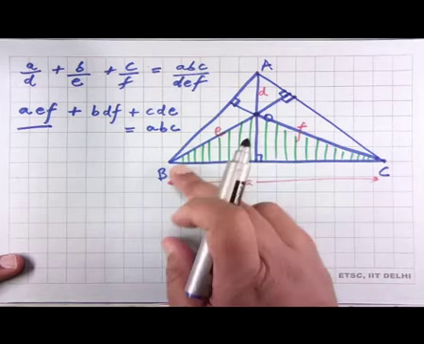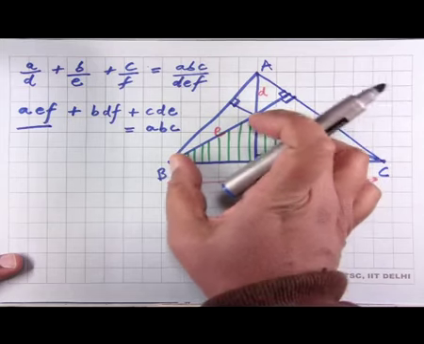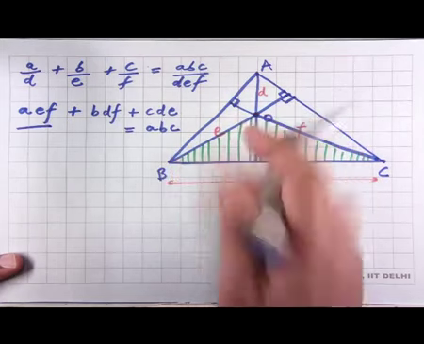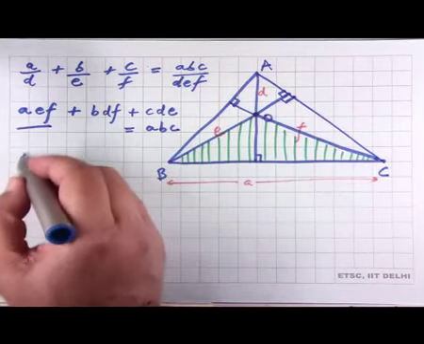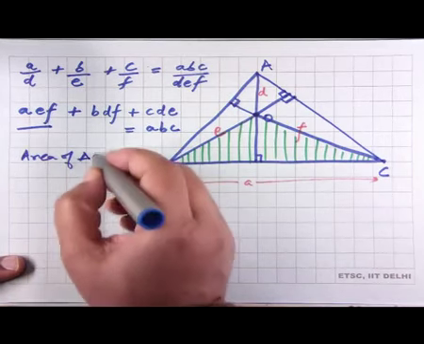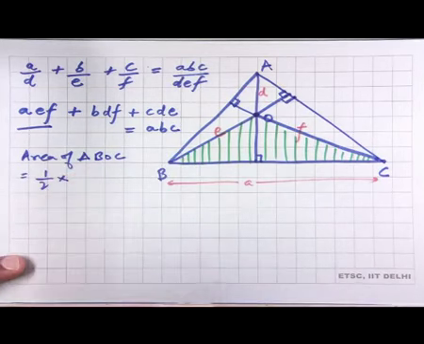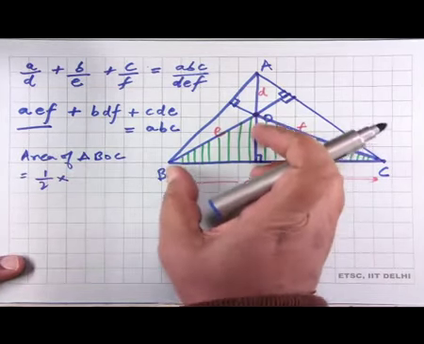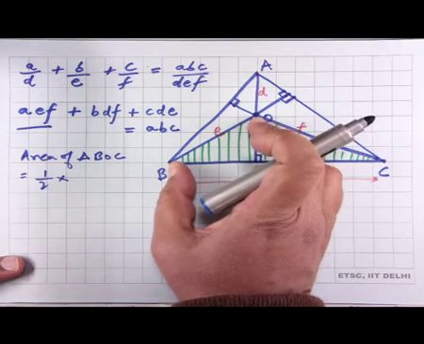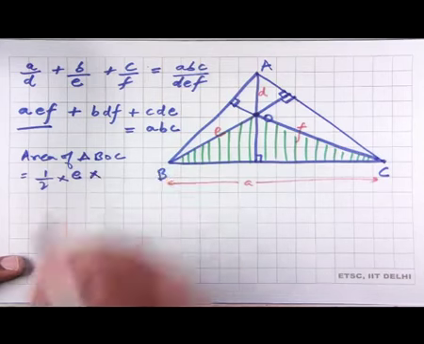So, the area of this triangle BOC will be, if we treat this as base. So, therefore, the area of triangle BOC is half times base. So, let us take this OB as the base of the triangle BOC. So, half times base times height.